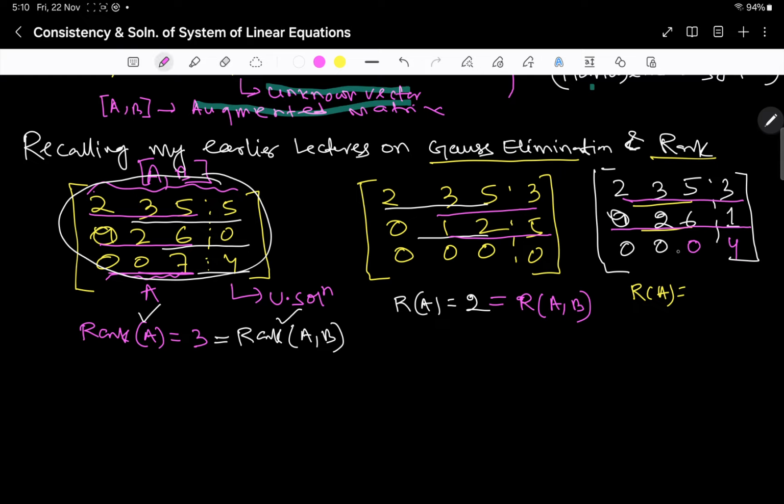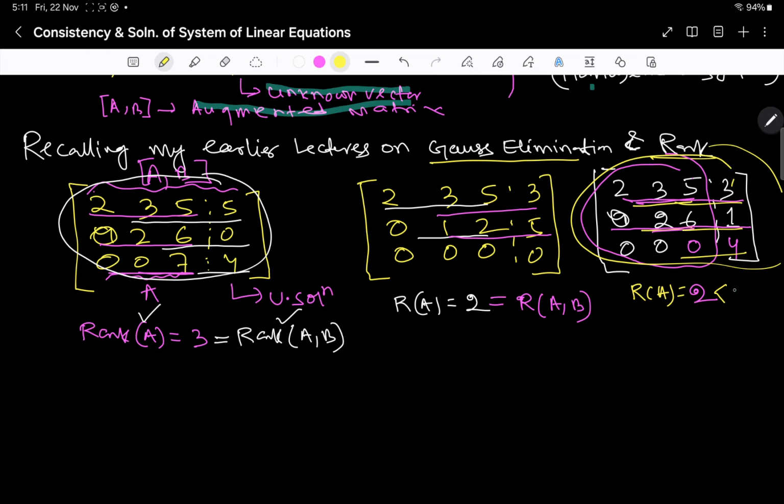Now what is the rank of A in view of this part? In view of this part, my number of non-zero rows is 2, but in view of this entire part, the number of non-zero rows is 3. So which is less than rank of AB. Or in general I can say here, rank A is not equal to my rank AB, right?